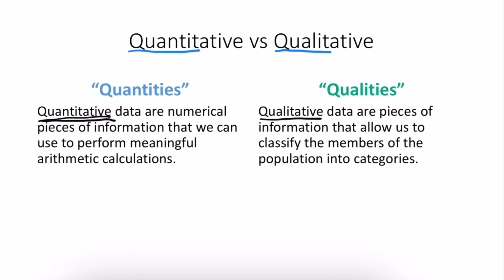If one person lives in New York and one person lives in Utah, and you average those two zip codes, you're not going to get someplace in the middle of New York and Utah. So there may be situations where numbers are used to label different categories, in which case the numbers would be qualitative data. But for the most part, if you're collecting numbers, you're collecting quantitative data. The only exception is something like a zip code, where you're using numbers to label a category and it doesn't make sense to add those numbers together or average them.